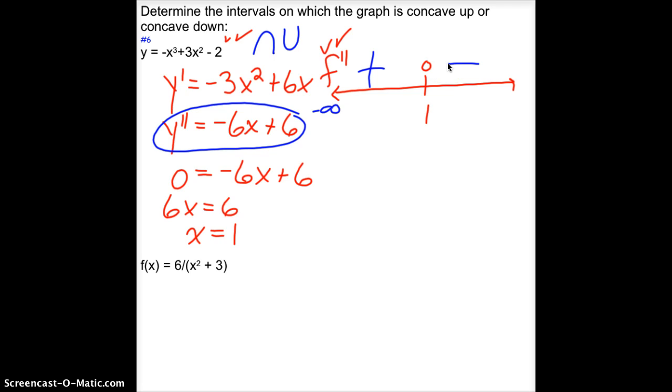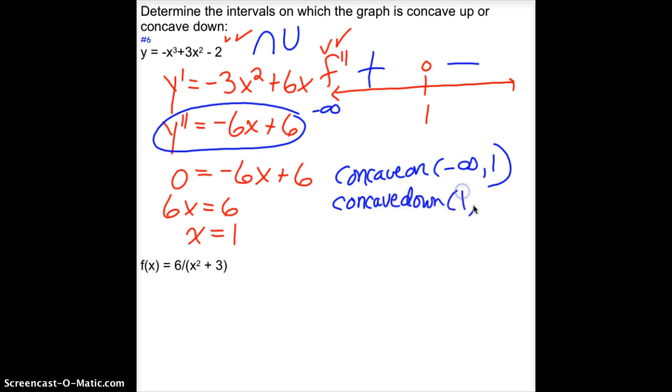So I am concave up on the interval negative infinity to 1, non-inclusively, because at 1, I switch concavity, and that's coming up in the next set of notes. We actually have something that's called a change in concavity, but we'll wait on that until the next set of notes. It's concave down on 1 to infinity.